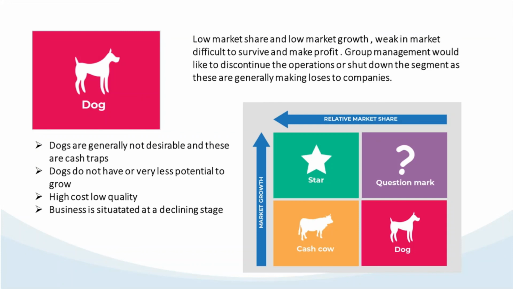Question mark, you have to take decisions to improve your sales and cash generating capacity, to turn it to stars and then maintain the positions, or it will turn to cash cow, which is also good, generating a good amount of cash, and they take the profit out, and they can put it into the question mark. This is how the entire cycle will work for any group company, and this is a very, very effective tool used by management of groups.